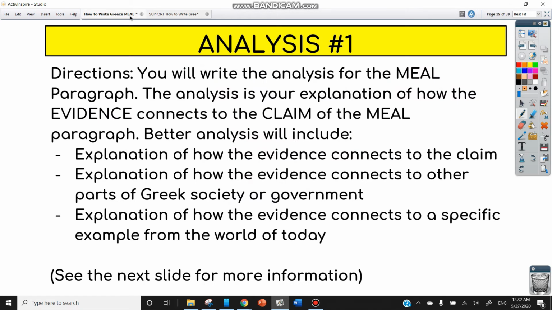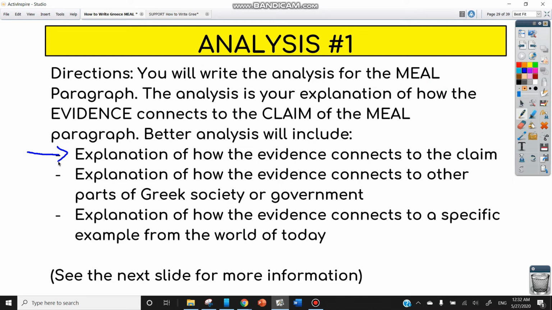The analysis. As we've reviewed before and earlier in the year, the analysis has sort of different levels that will demonstrate deeper understanding of the topic. So at the first level, we can say that the analysis basically needs to explain how the evidence connects to the claim.